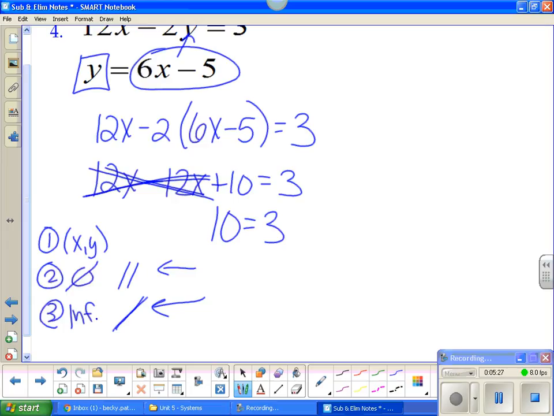You have to look at what you're left with. If what you're left with is a false statement, which this is, 10 does not equal 3, then we are no solution. But if what you're left with is a true statement, then it would be infinite solutions. So if I happen to be left with 3 equals 3, and that's a true statement, then the answer would be infinite solutions.